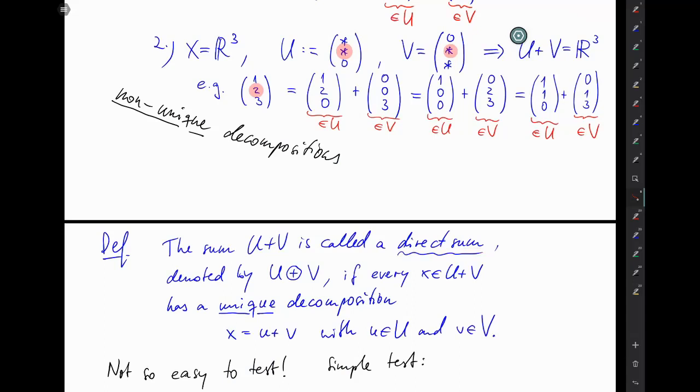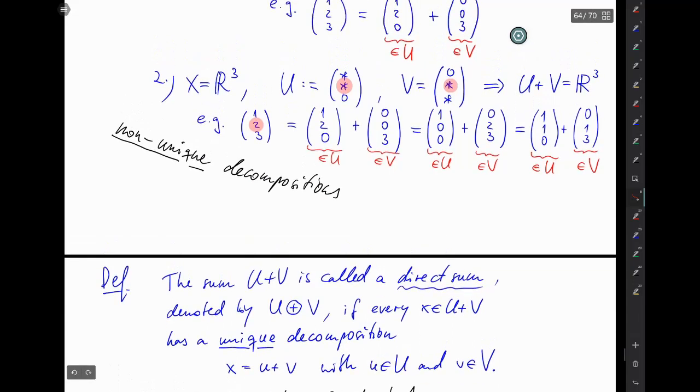In example 2, well, the intersection is more than just the zero vector, because you have lots of vectors that are of the first and also of the second form. So here the intersection is the whole y axis, if you want to say so. And that's why you get non-unique decompositions and you do not get a direct sum.